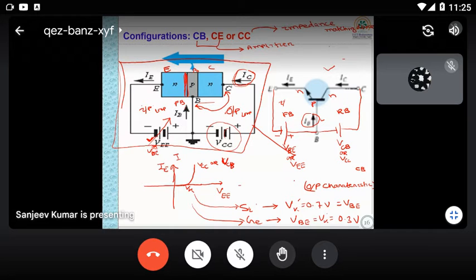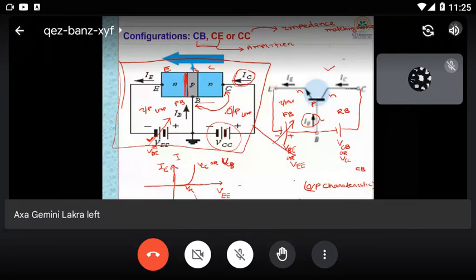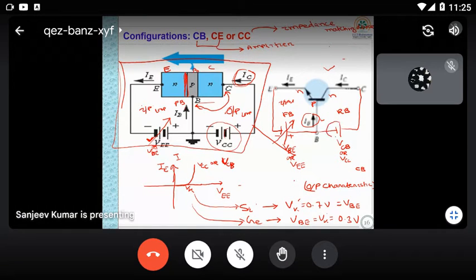So based upon this input voltage, what input current will change. So that's why IE versus VE at different VCB values. Similarly, when you go for output, so output is IC current. What is your supply voltage? VCB at different input current.